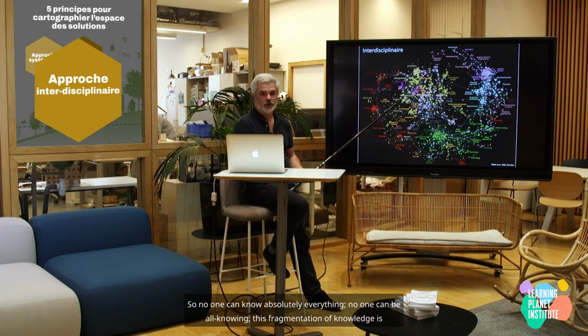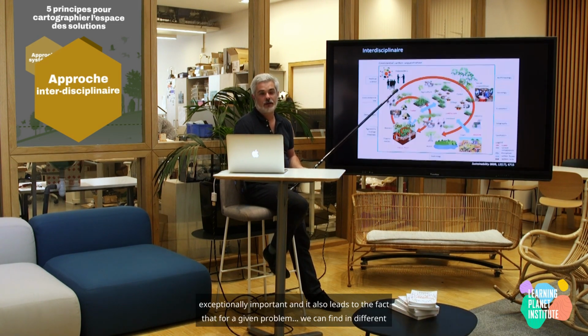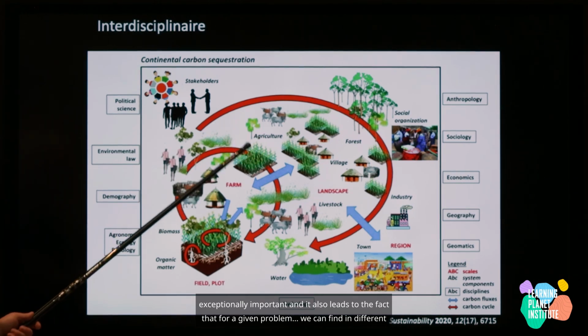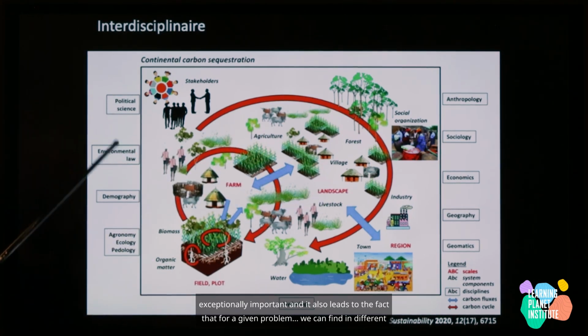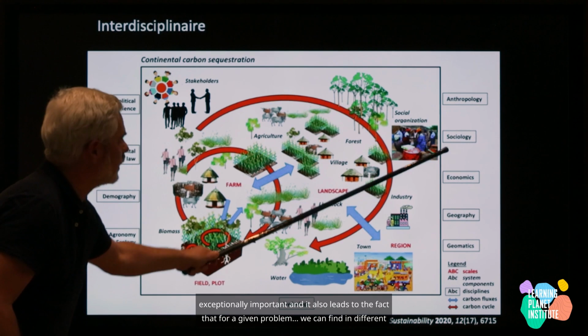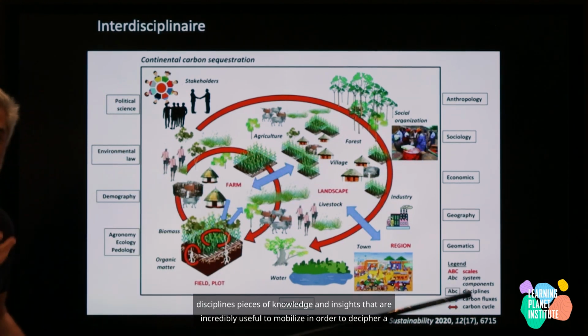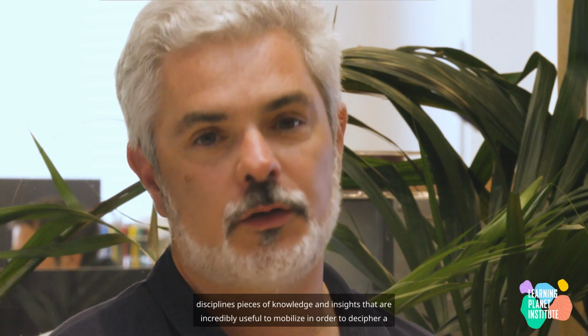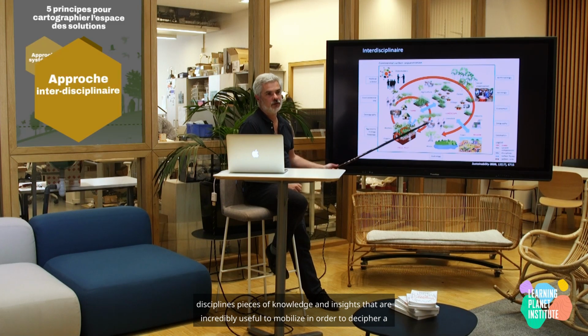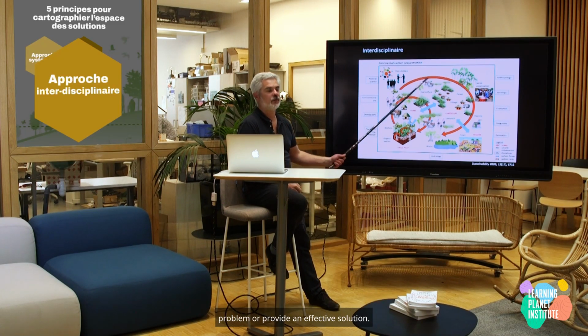So no one can know absolutely everything. No one can be all-knowing. This fragmentation of knowledge is exceptionally important, and it also leads to the fact that for a given problem, we can find in different disciplines pieces of knowledge and insights that are incredibly useful to mobilize in order to decipher a problem or provide an effective solution.